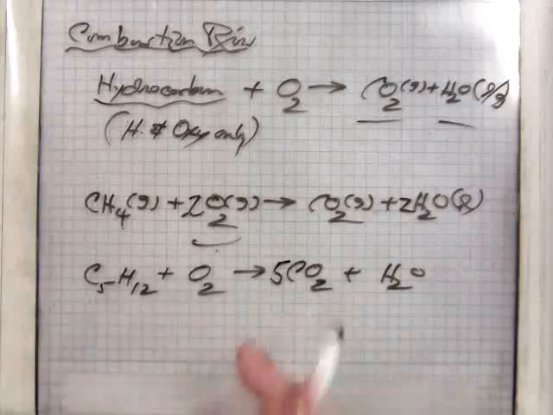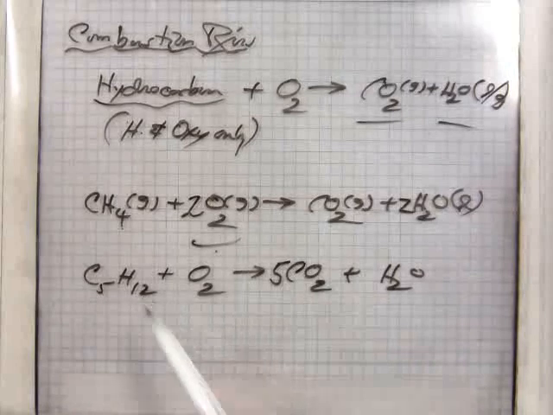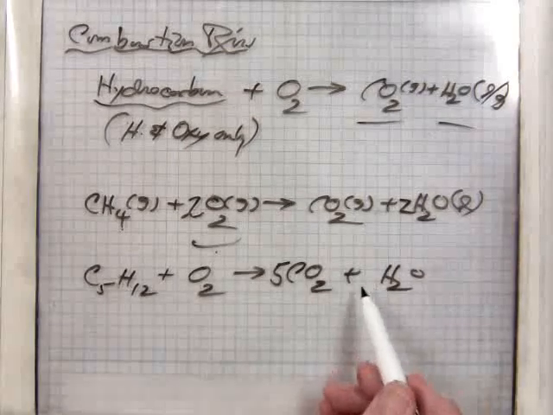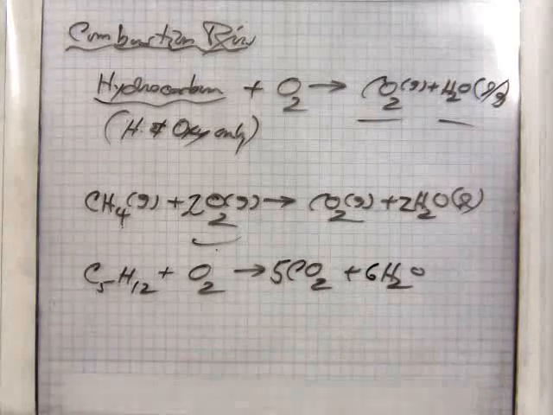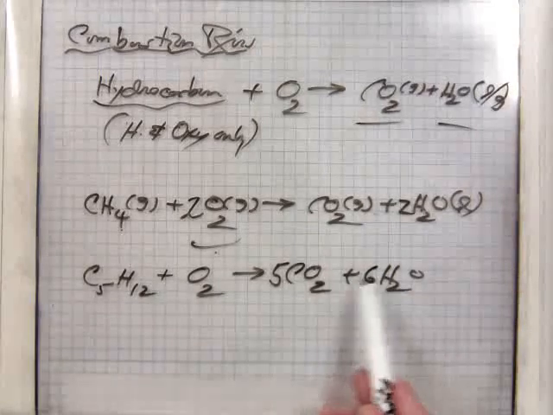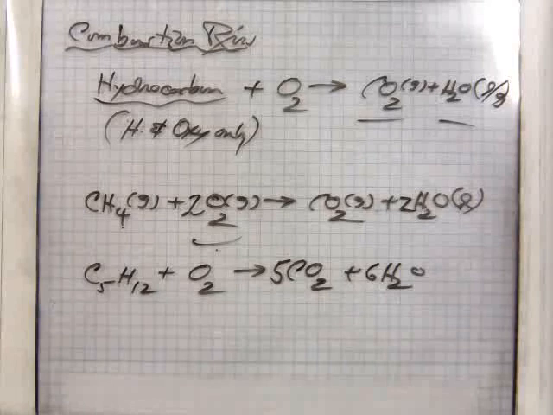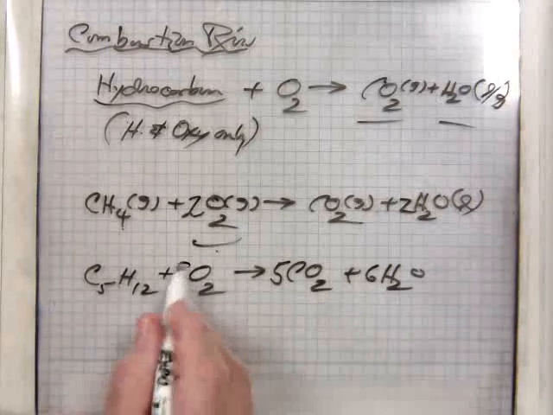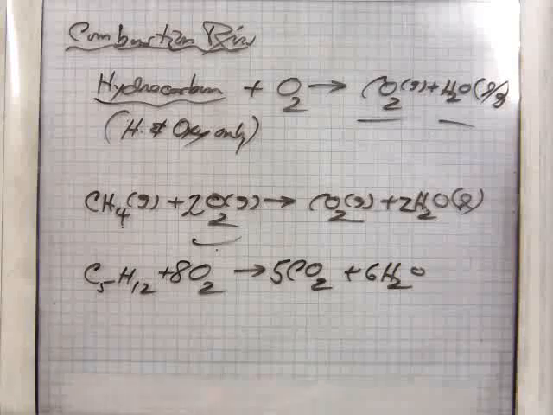Now the carbons balance. Now I have 12 hydrogens, so I put a 6 there, 2 times 6 is 12. Now my hydrogens are balanced, but the oxygens are 2 times 5 is 10, 11, 12, 13, 14, 15, 16. Well, this one didn't work out like I'd hoped it would, but all I have to do is put an 8 in there. See if I can come up with a better one.